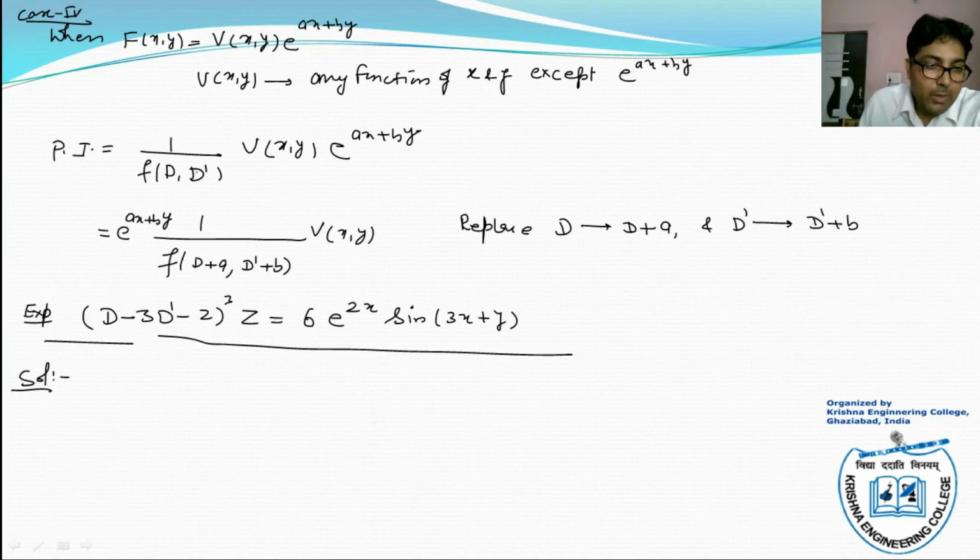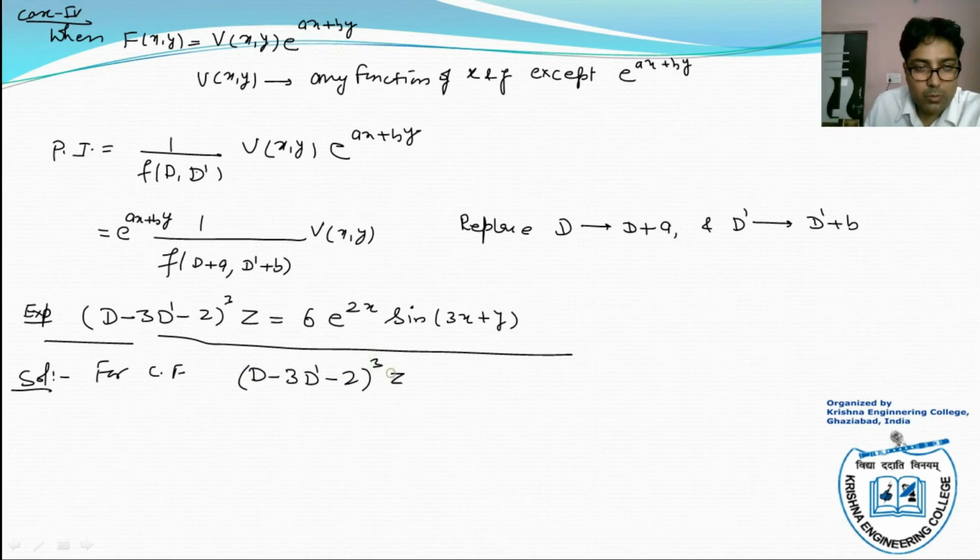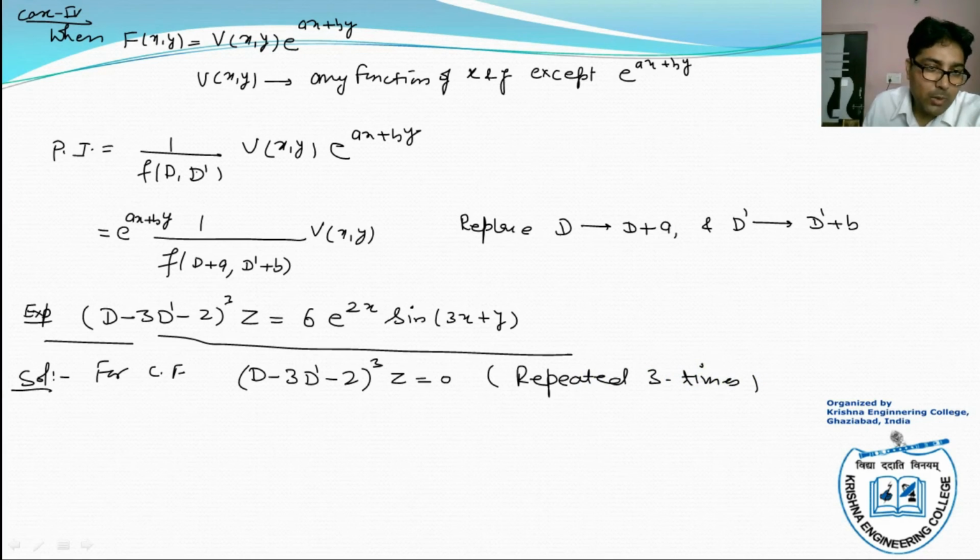It is repeated 3 times. For CF, (D minus 3D' minus 2) cubed z is equal to 0, repeated 3 times. Clear? So corresponding to this factor, a is 1 and b is minus 3 and c is minus 2.